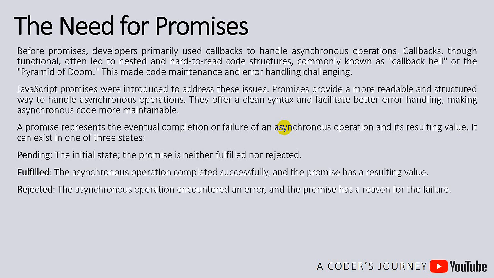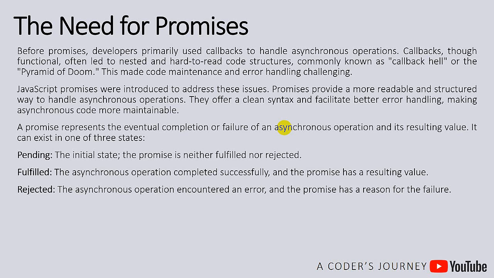For example, take the example of reading from a database, right? Your code promises that it will connect to a database and read some data from a table. First off, the promise is in the pending state, which means it hasn't been carried out yet, so you do not know whether the promise will be fulfilled or rejected.